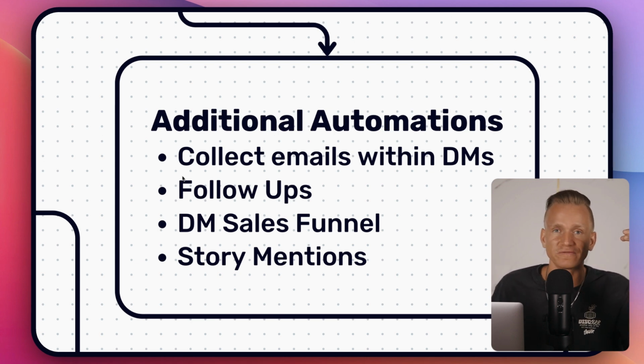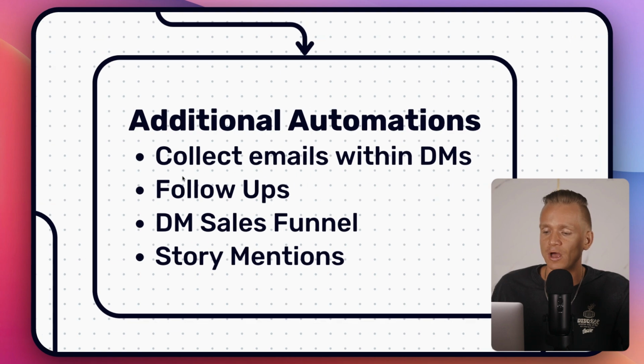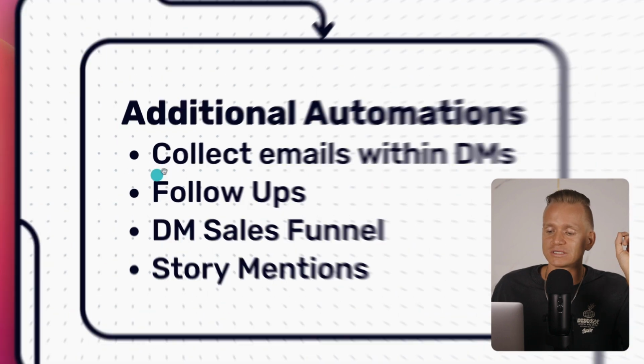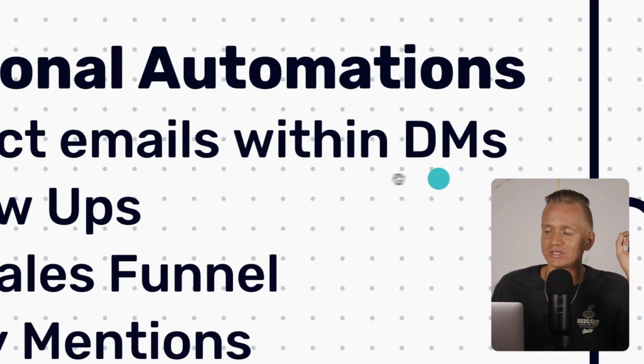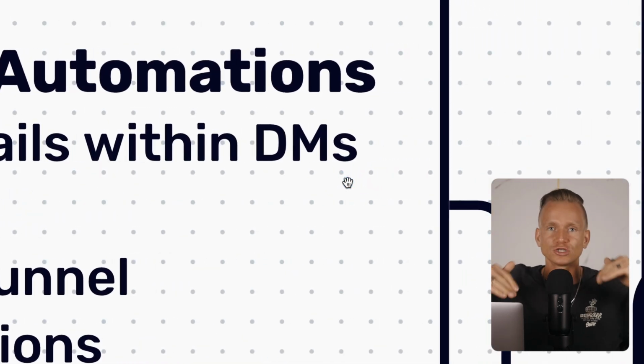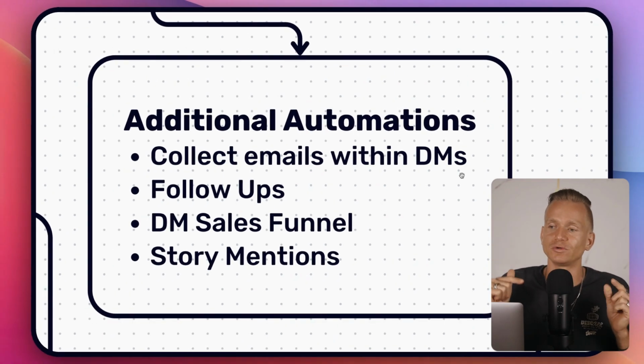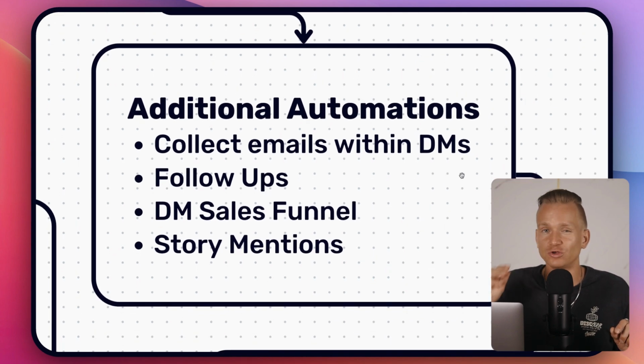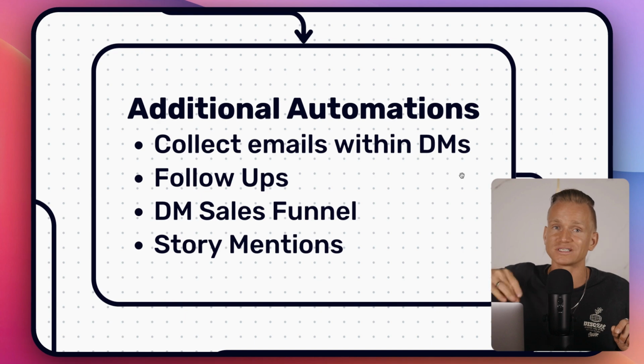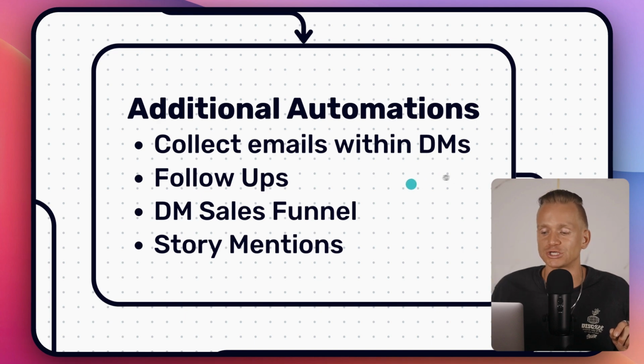Obviously you can just send a freebie and that's it for the engagement, but some of these softwares also allow you to collect emails within the DMs. So there's an automated message, they ask for the email address, and you can set it up in a way it's going to be directly put into your email database. So you don't need to do anything. You don't need to have that extra step where someone goes to your opt-in page.